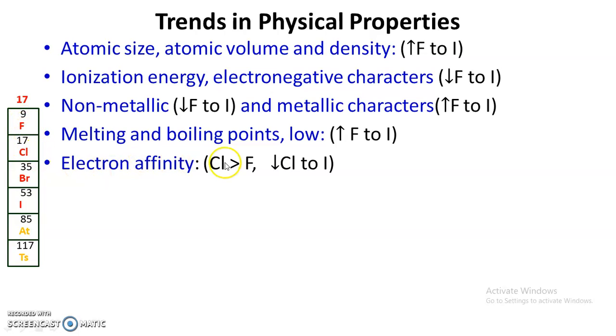Okay, chlorine has more electron affinity than fluorine. The reason for this is that fluorine has too small a size, and therefore its electron affinity is less than chlorine's, and from chlorine to iodine electron affinity further decreases.